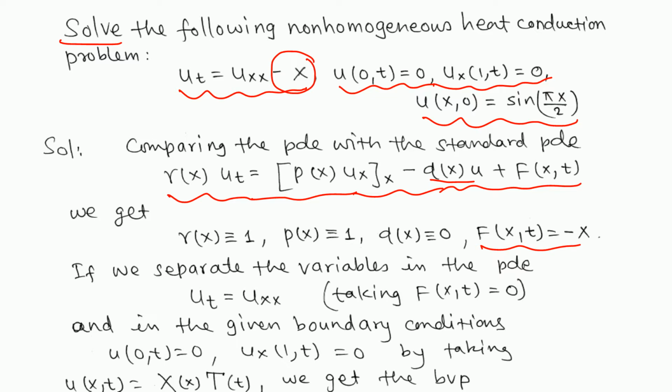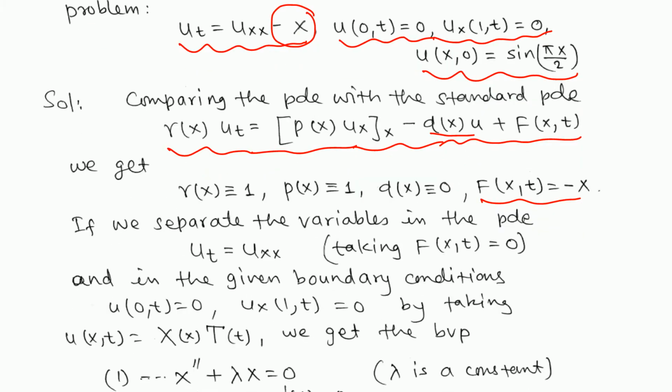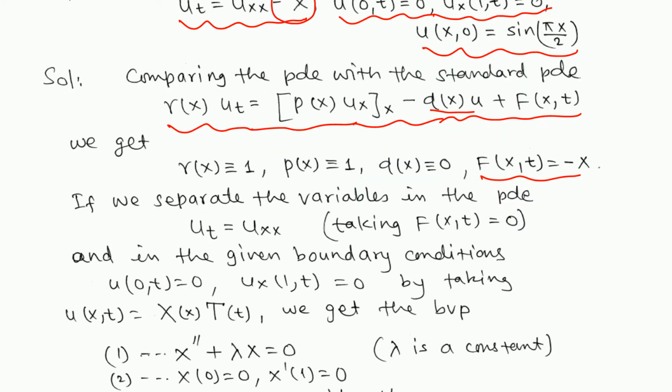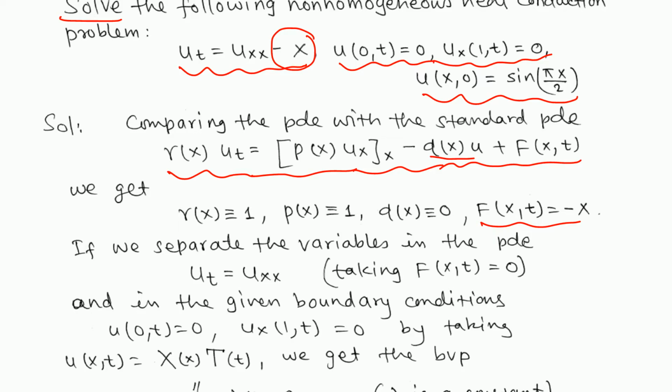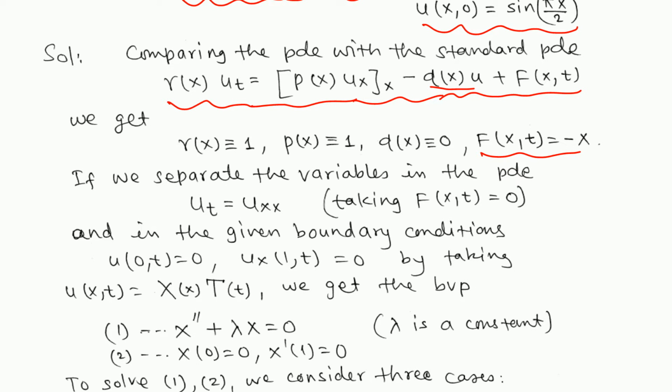Now if we separate the variables in the PDE, let's consider the non-homogeneous part 0 for now, and just consider u_t equals u_xx, and separate the variables here, and also in the boundary conditions.